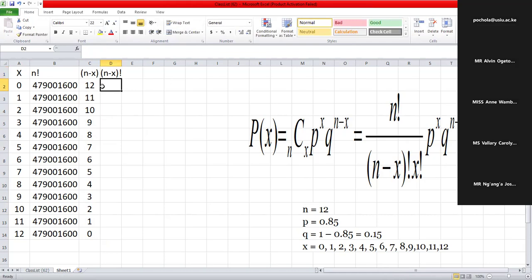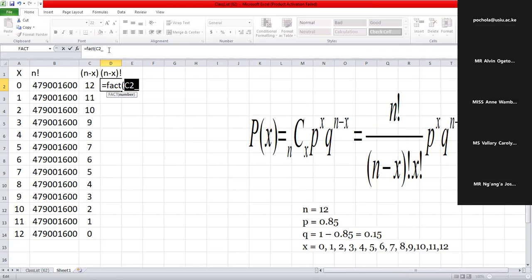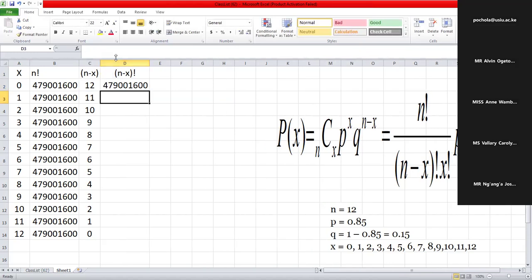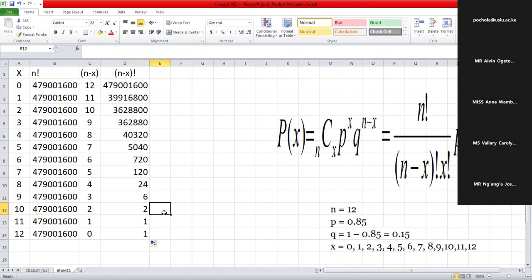I put an equal sign, fact of what? Fact of n minus x. That's where I am now. Fact of n minus x in the bracket here. So that's the first one, 12 factorial. Then I go to 11 factorial, all the way to 0 factorial. That is n minus x factorial.